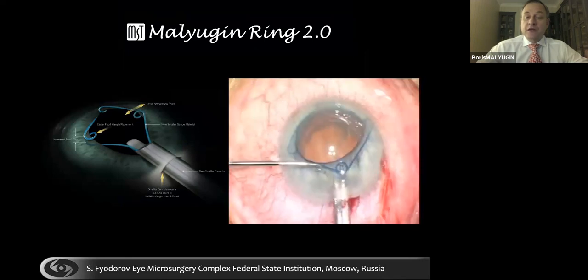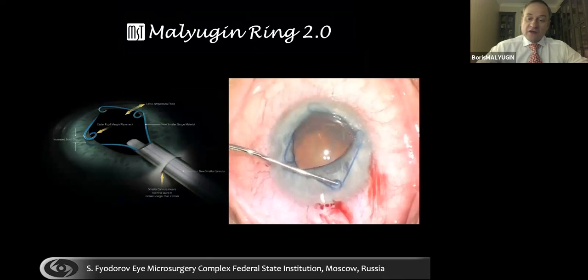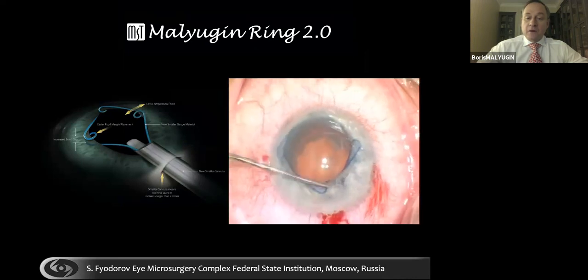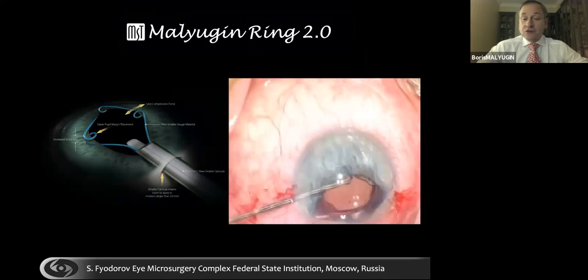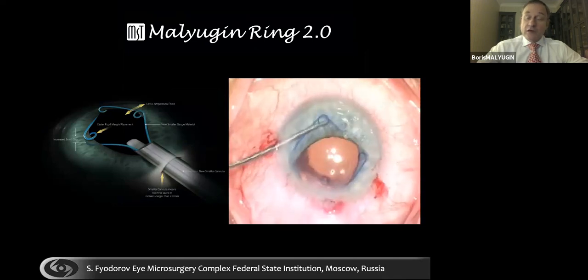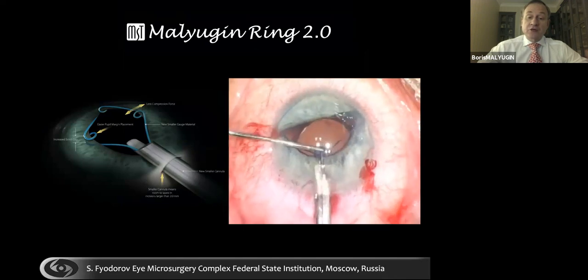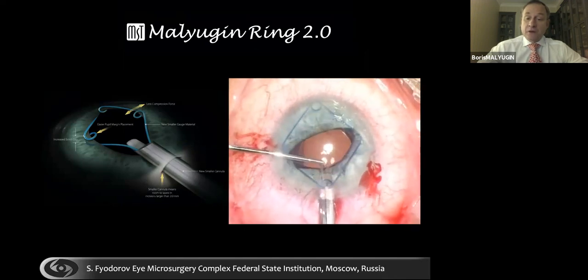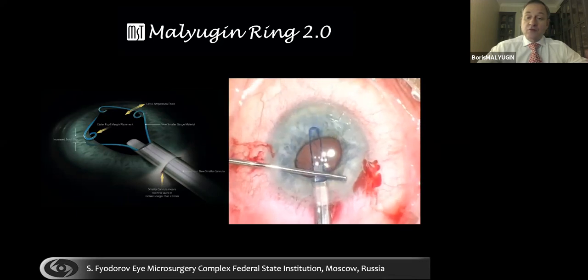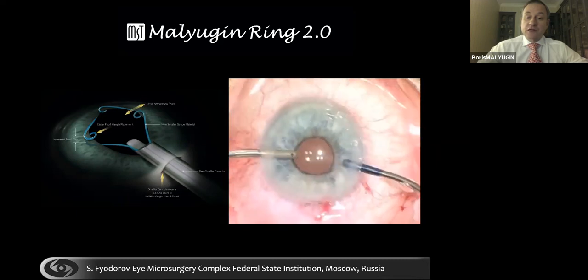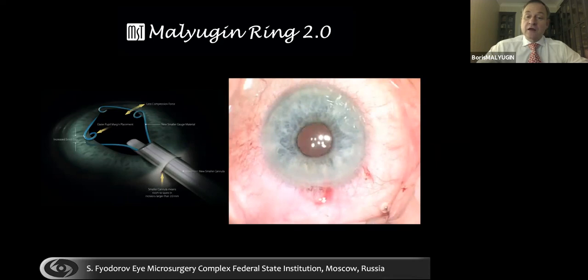This is the 2.0 version, 7 millimeter in size, and as you can see here, it is easy to insert and remove with more or less the same technique shown for the classical version. And actually, you can use this injection device to remove the expansion ring from the eye, and as soon as the viscoelastic is removed from the eye, you see that the pupil regains its shape and size.